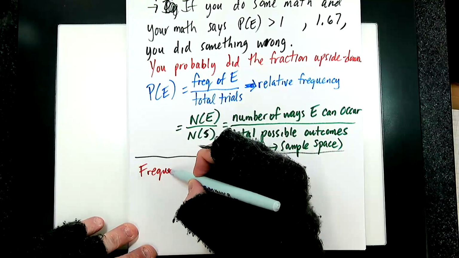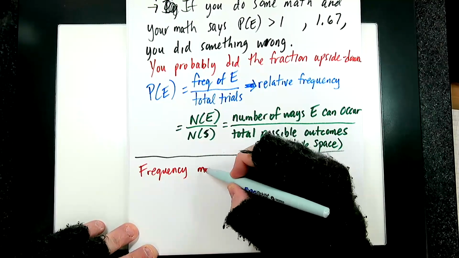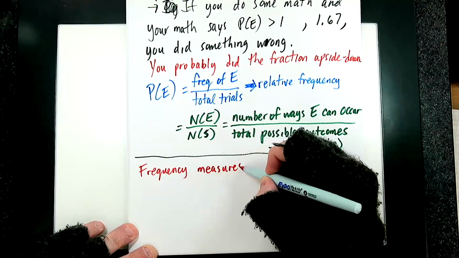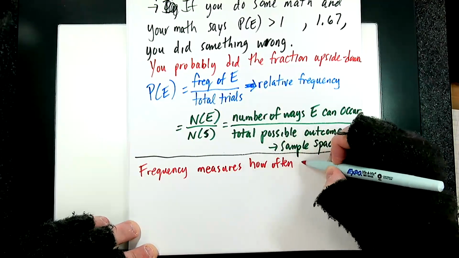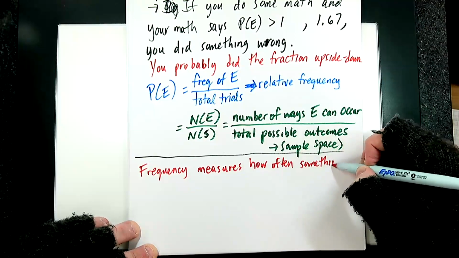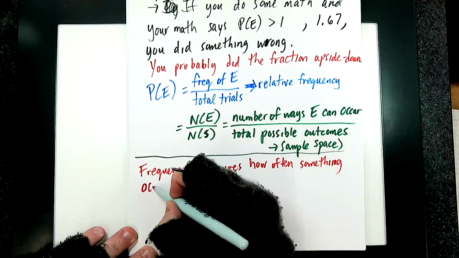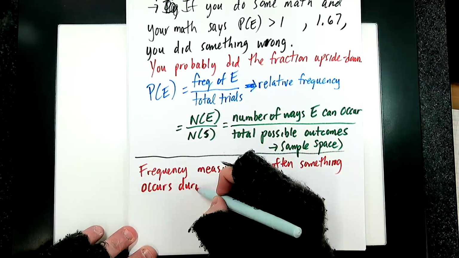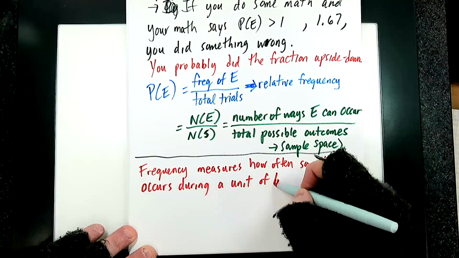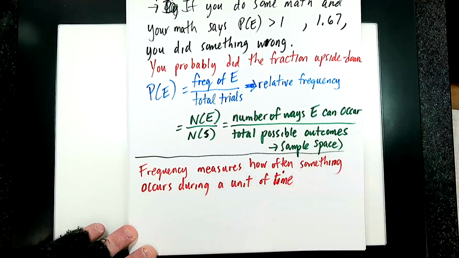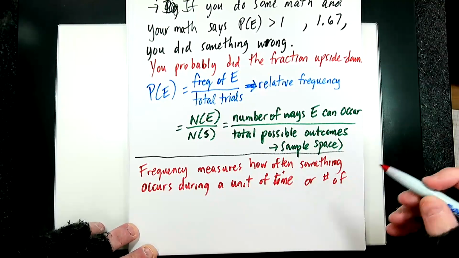Frequency is a measure of how often something occurs during a unit of time, or during a number of trials.